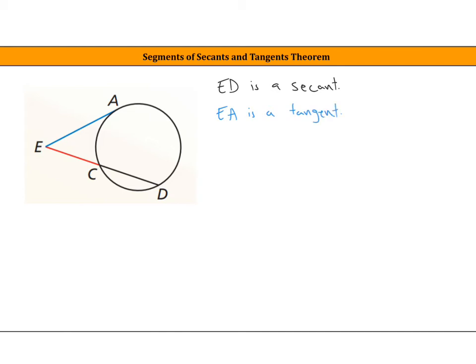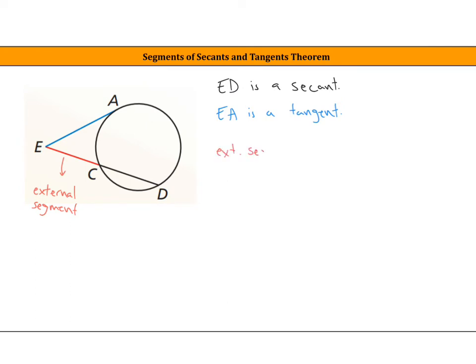Now, what this theorem says is almost very similar to the previous theorem that only had secants. We take the external segment of the secant and you multiply it with the whole secant itself. So I'm going to write it in words.